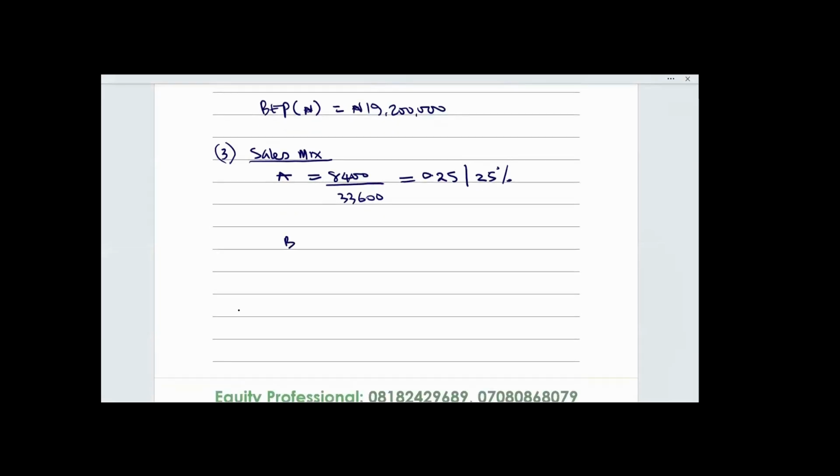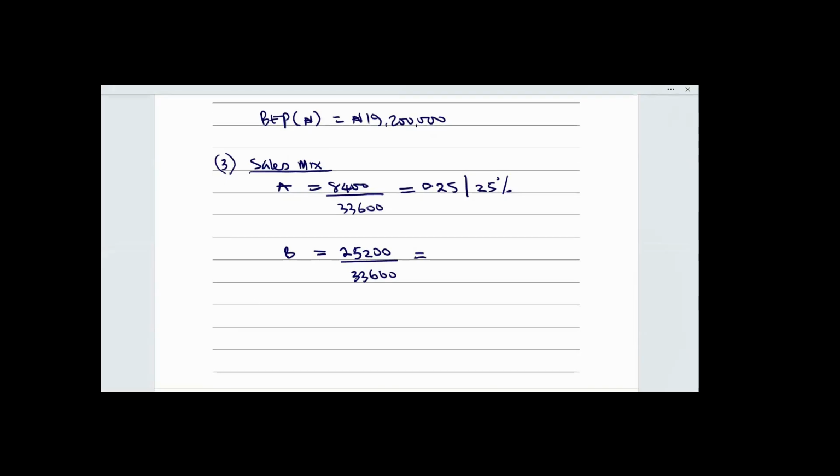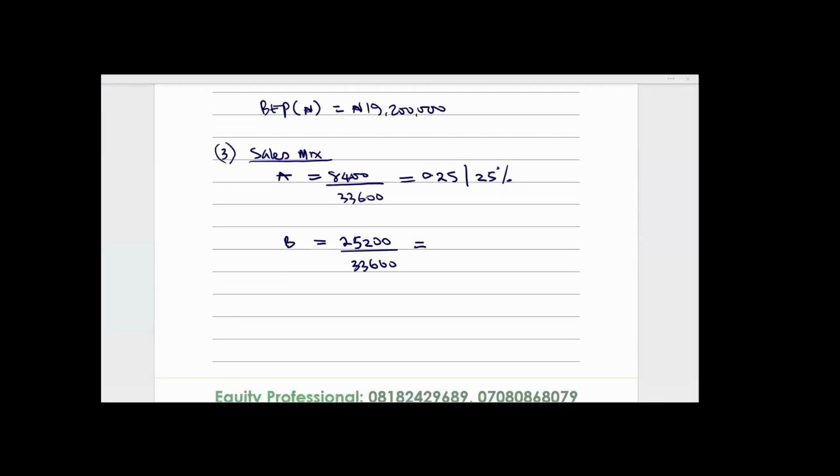For product B, we made sales of 25,200,000 divided by total sales of 33,600. Okay, so 25,200 over 33,600. We have 0.75.